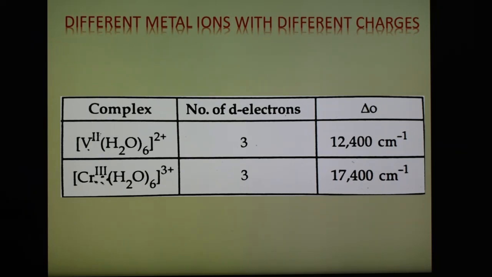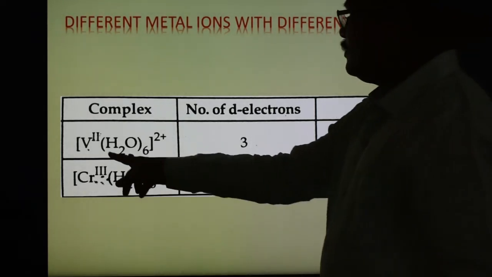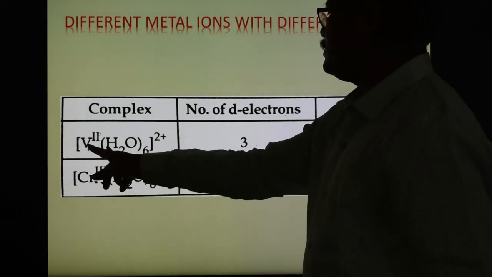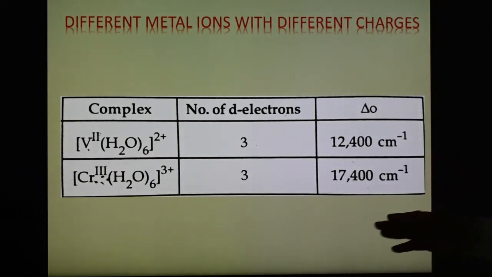And now the third one is different metal ions with different charges. This table shows that the metal ions have different charges. The metals are also different, this is vanadium, chromium, and the charges are also different.